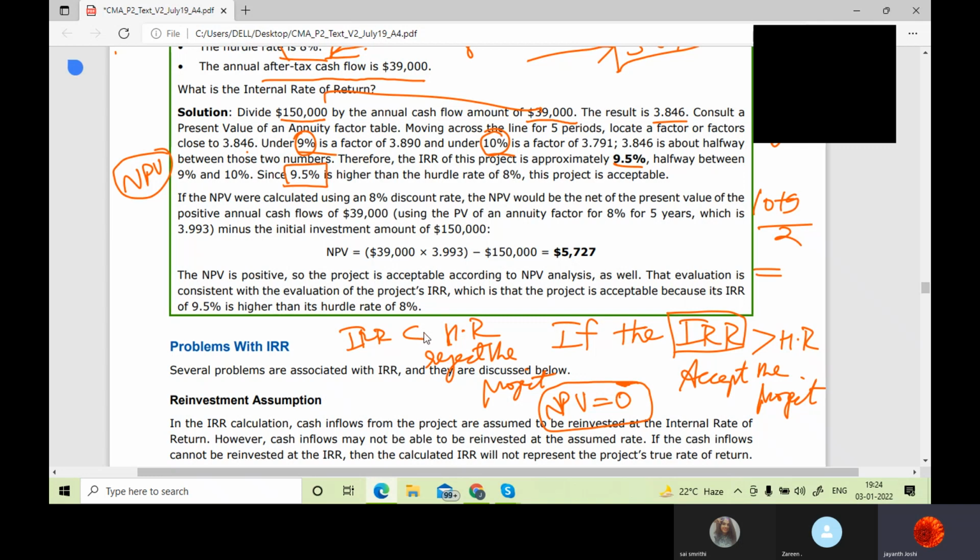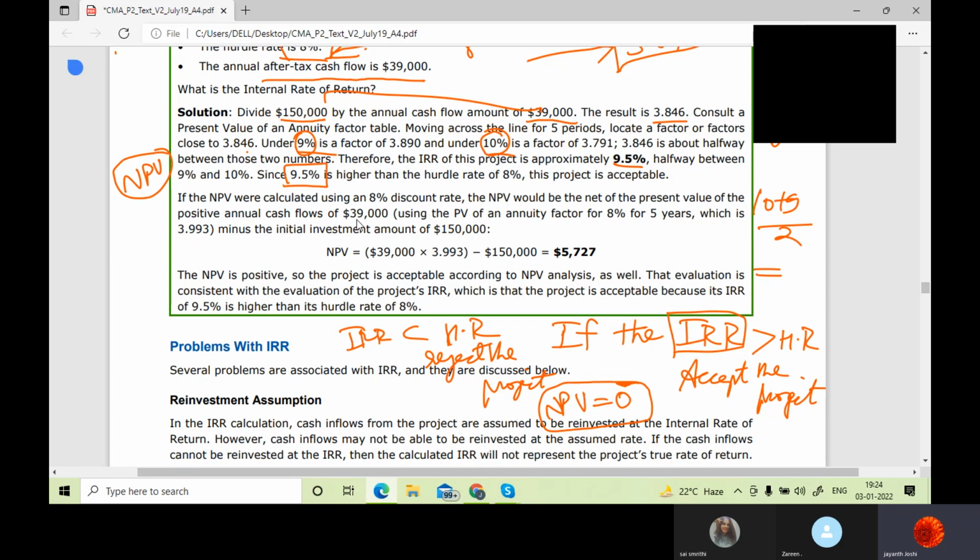Did I say that? Yes, sir. So the rate at which your NPV is exactly 0 is your IRR. If this IRR is more than the hurdle rate, the project is acceptable. The IRR of the project is approximately halfway between these, and since this is higher than the hurdle rate, this project is acceptable.